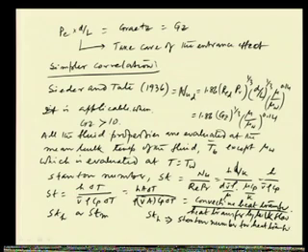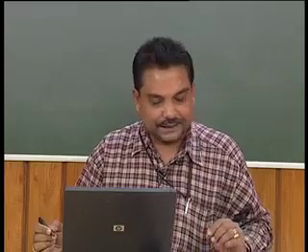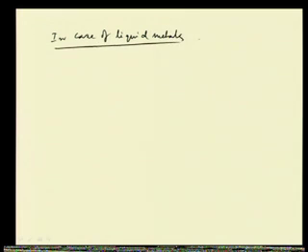Now, in addition to whatever I have discussed, there are some correlations, particularly in case of liquid metals. As we know, the flow of liquid metals would be in the laminar region, where the Prandtl number is low.